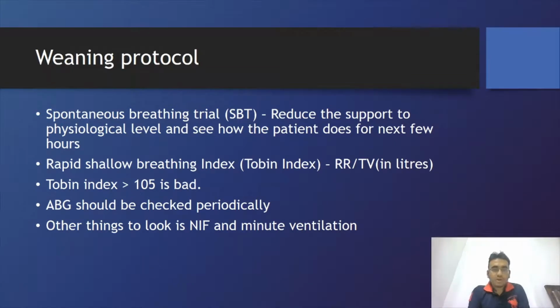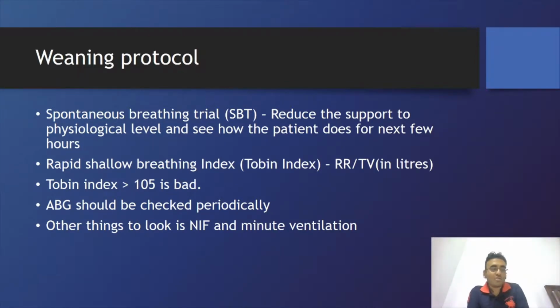So basically we talked about the spontaneous breathing trial, the rapid shallow breathing index or Tobin index, the ABGs, the NIF and the minute ventilation. There's one more thing we also calculate, the PaO2 to FiO2 ratio. Again, if the PaO2 is bad, it means the oxygen in the blood is not good, so of course you don't want those patients off the ventilator.